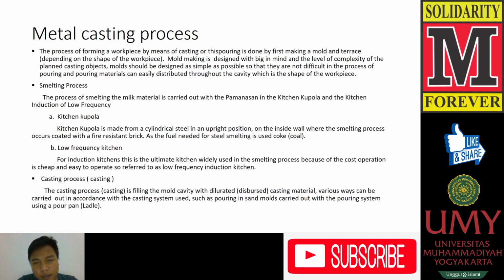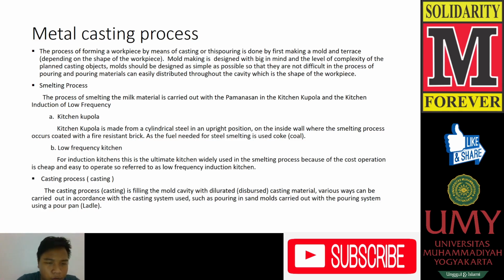Mold making is determined by the size and the level of complexity of the cast object. The mold should be designed as simple as possible so that it is not difficult in the process of pouring, and the pouring material can easily be distributed throughout the cavity, which is the shape of the workpiece.